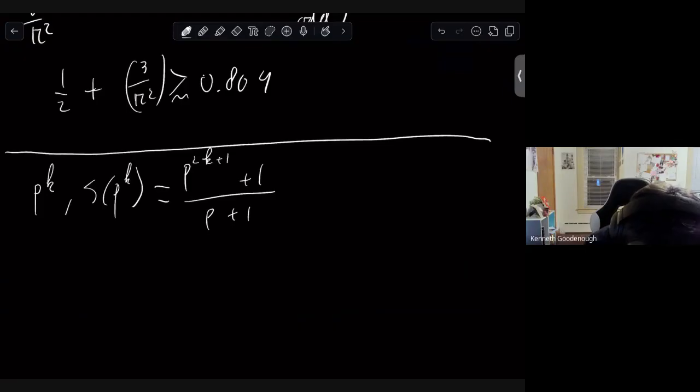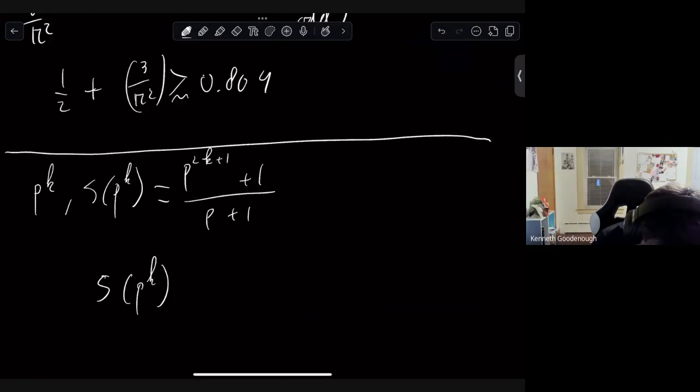Now, I want that s of p^k divides some q to the power L.